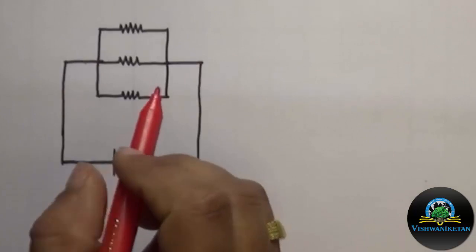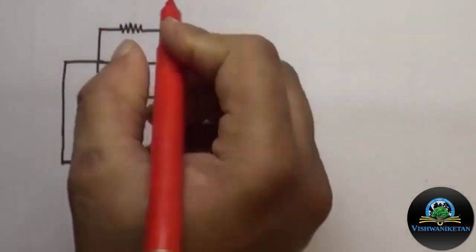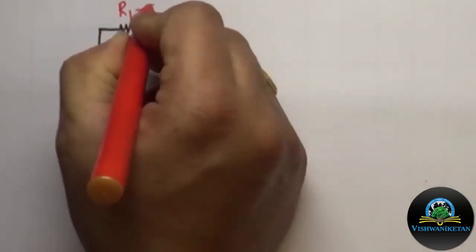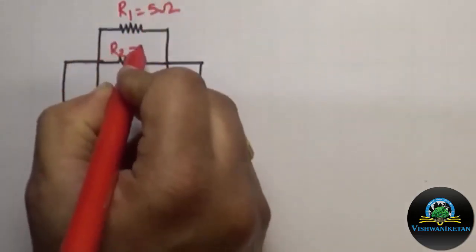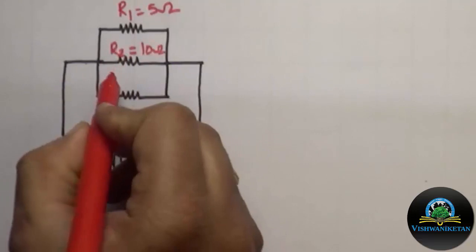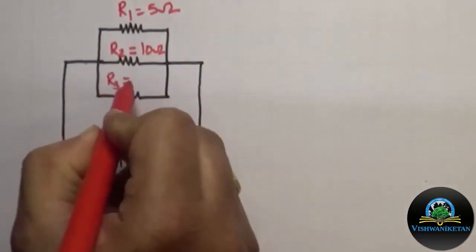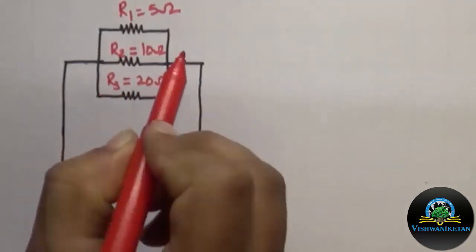Let us denote the resistors as R1 equal to 5 ohm, R2 equal to 10 ohm and R3 equal to 20 ohm.